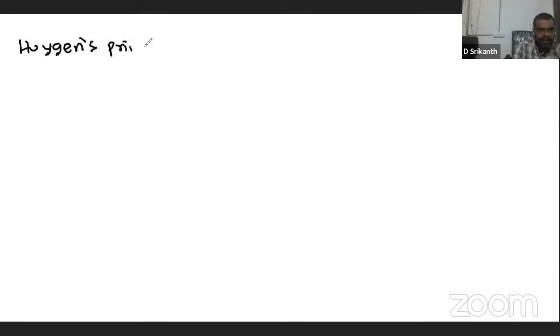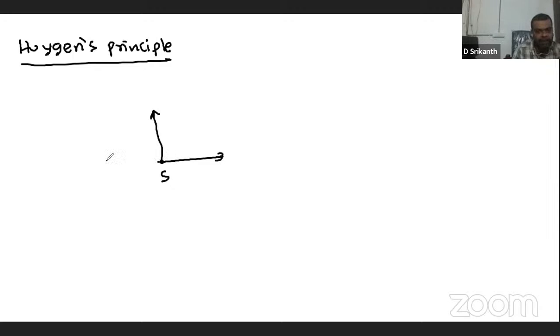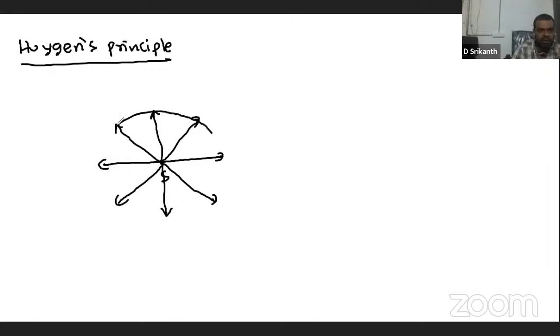I can explain that. Whenever we have a source, a wavefront will be generated. Like this, in all the directions, a wavefront will be generated. So the locus is the wavefront.